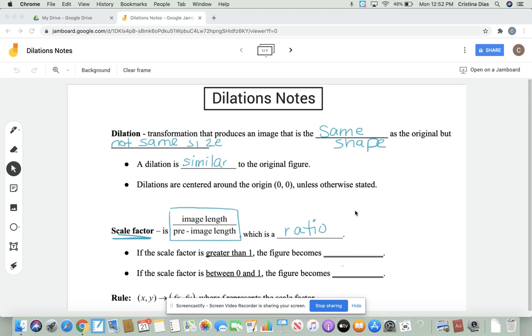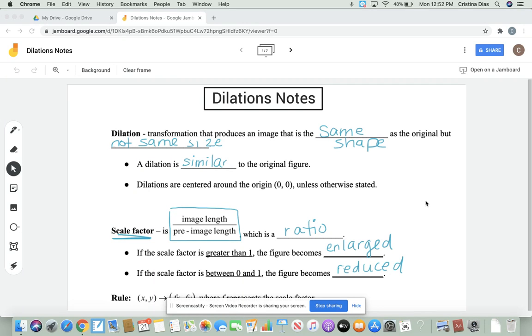If the scale factor is greater than 1, the figure will become enlarged. And if the scale factor is between 0 and 1, the figure becomes reduced. It'll be smaller. So fraction, decimal, that is between 0 and 1, so it would reduce the figure.